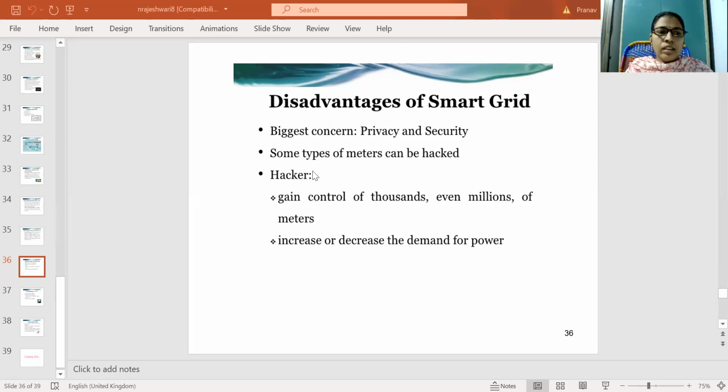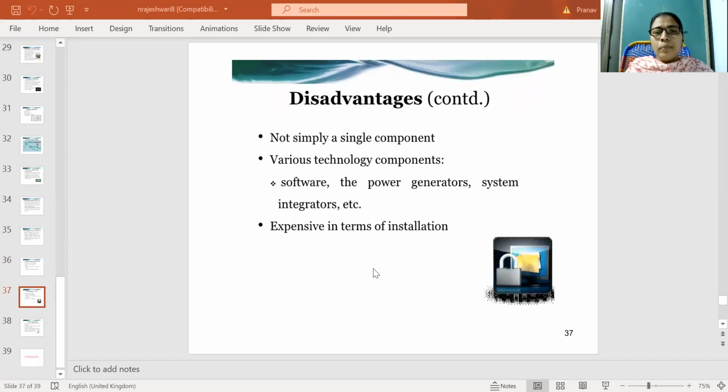So privacy and security is a big concern and not simply a single component. There are various technology components: software, the power generators, systems integrators, etc. And it is also expensive in terms of installation.